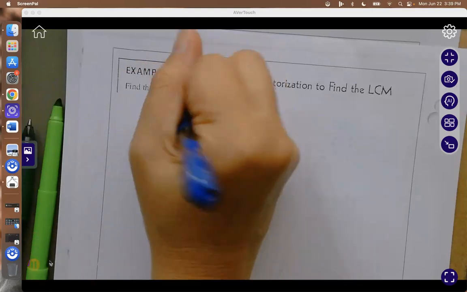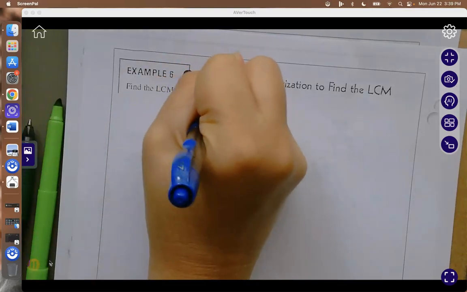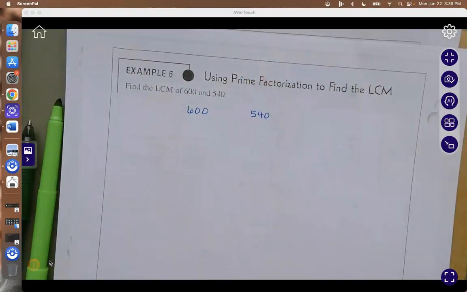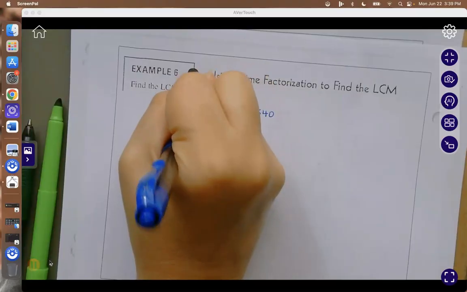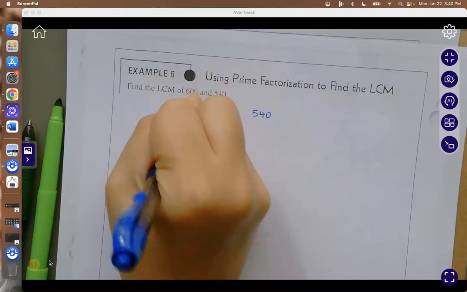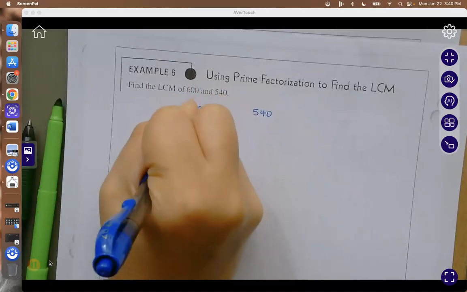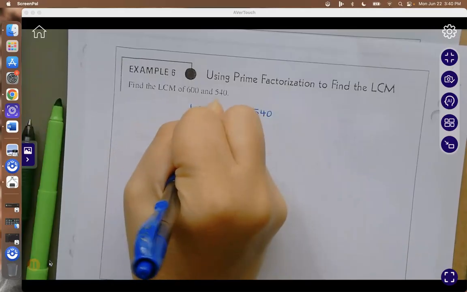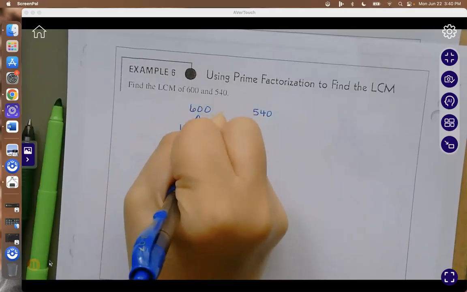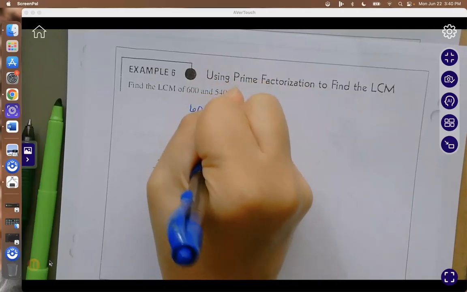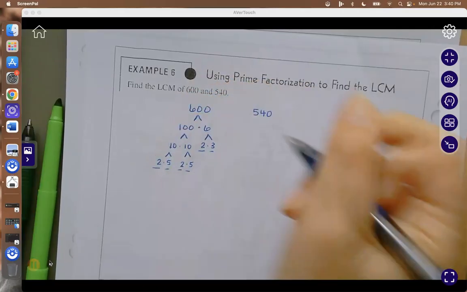So, looking at these numbers, I'm actually going to use the shorter way this time to break that one down. It's 10 and 10, 2 and 5, stop, 2 and 5, stop, 6 is 2 and 3, stop.